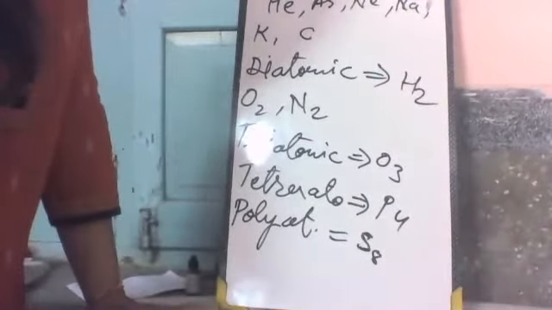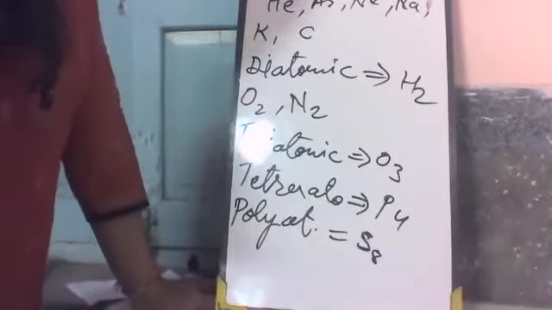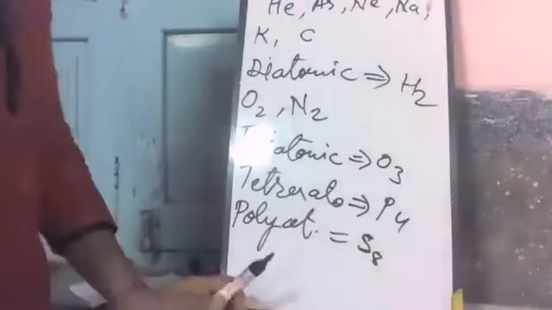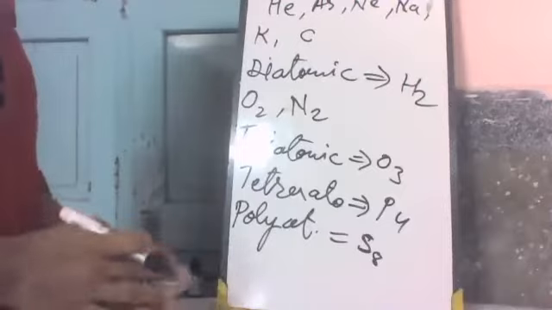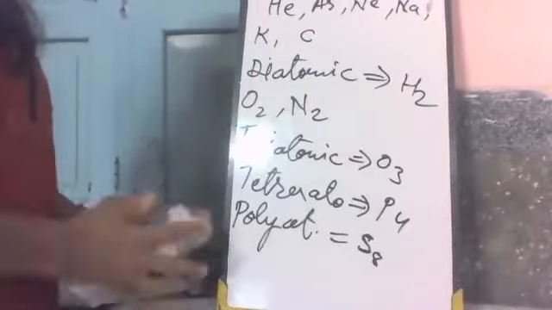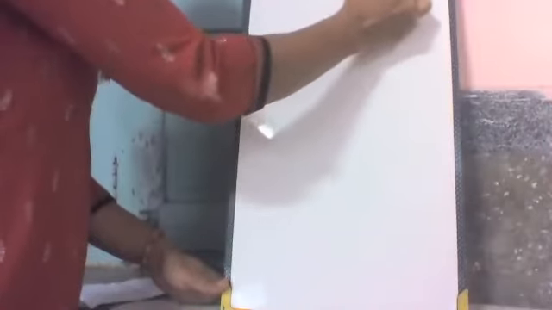Now, here are some symbols given by Dalton. Hydrogen, a circle with a dot inside the circle. Carbon is a fully filled circle.